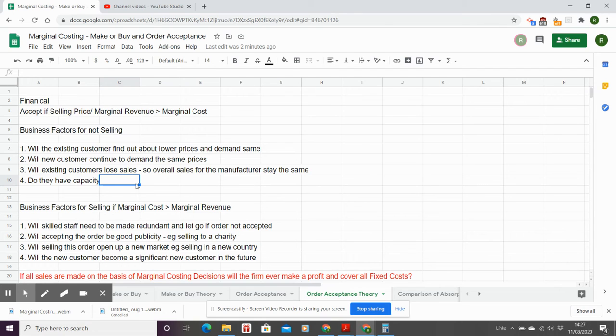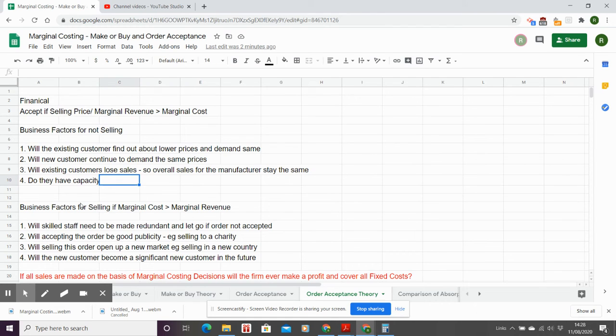You need to consider if existing customers are going to lose sales. So if we sell to Bilco stores, will other shops in their area lose sales, and therefore overall the amount of cups and saucers sold remains constant? Because Bilco stores sell 10,000 cups and saucers, but Mr. J stores down the road doesn't sell any for a month, and therefore there's no overall increase in sales.